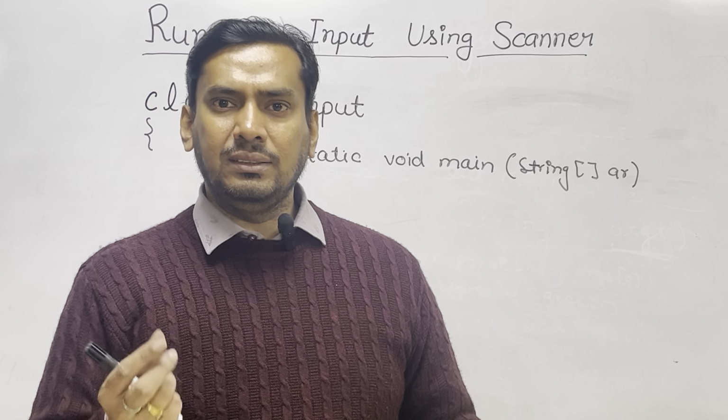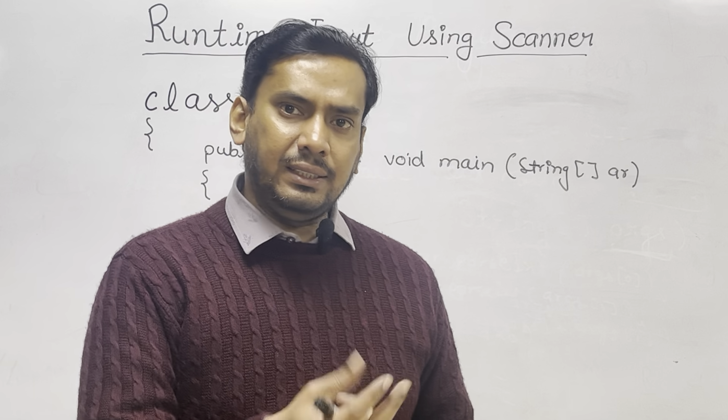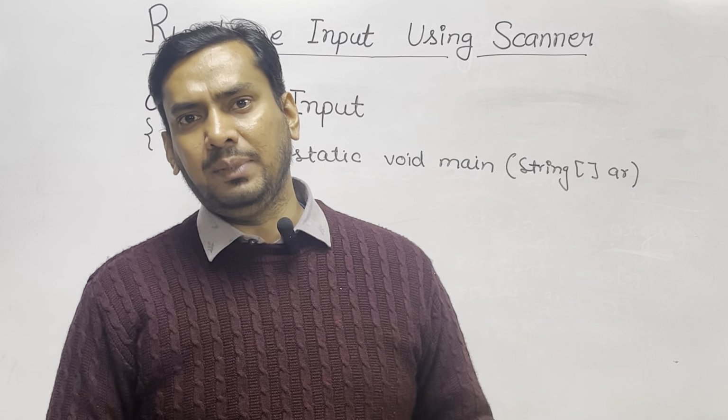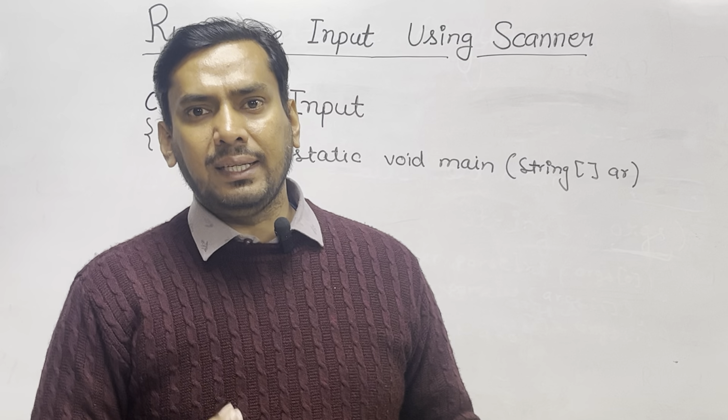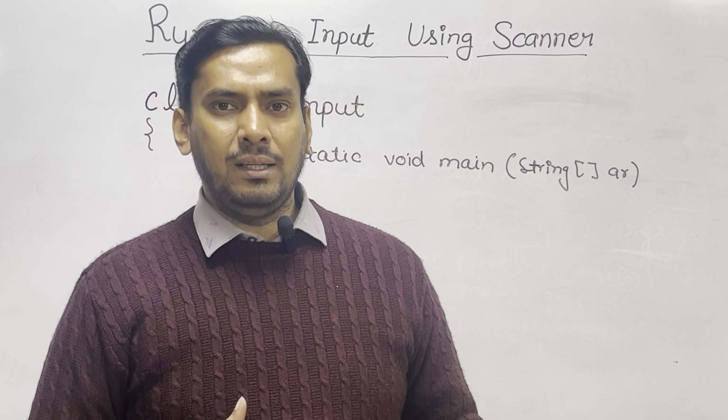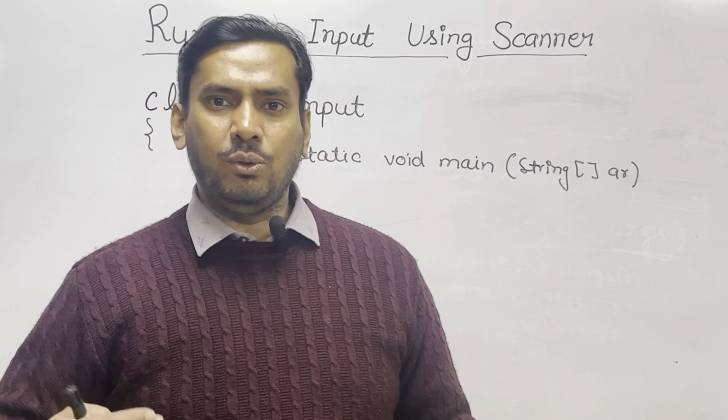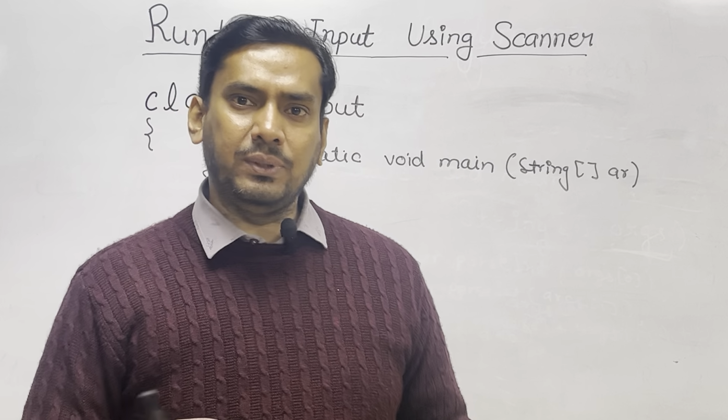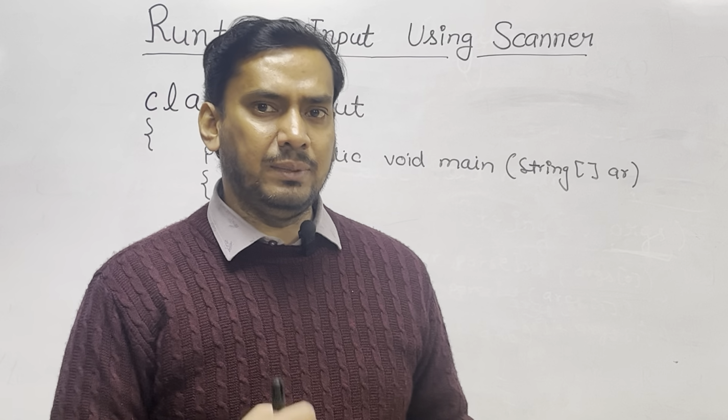It means suppose I want to read an integer value, so I am provided with the nextInt method. If I want to take a floating point type of input, then the nextFloat method is available. If I want to read double type of input, the nextDouble method is there.